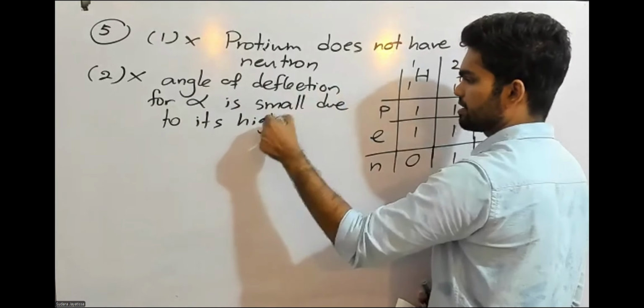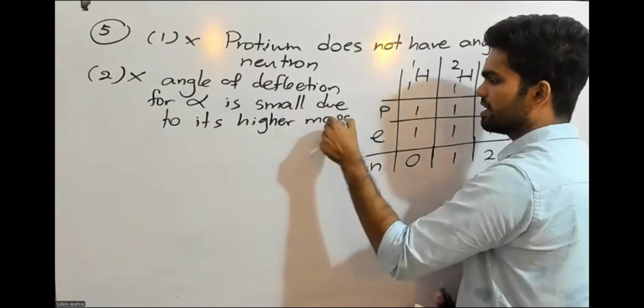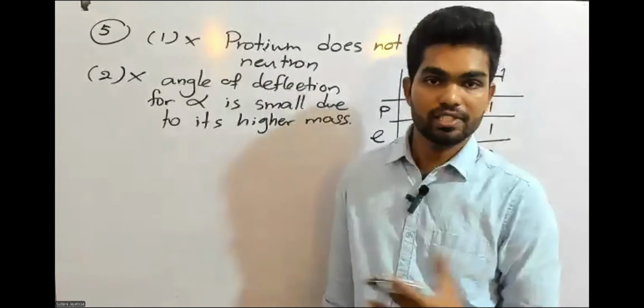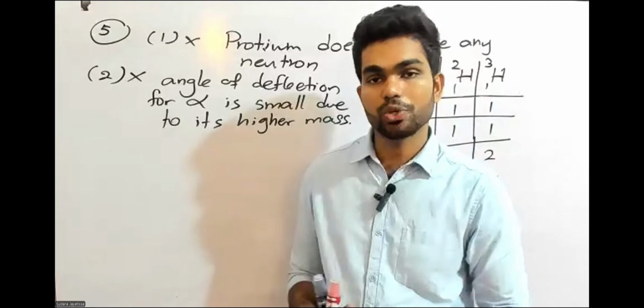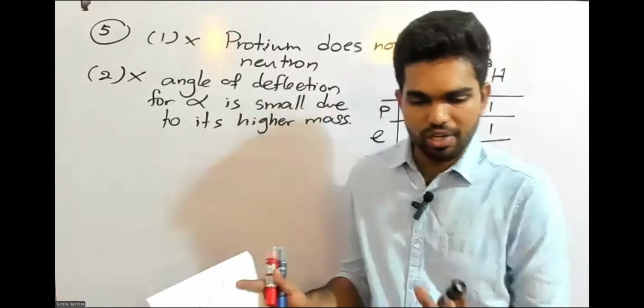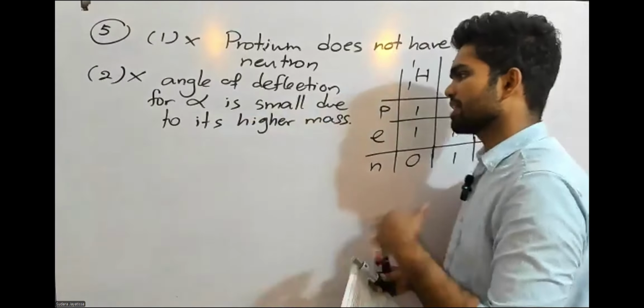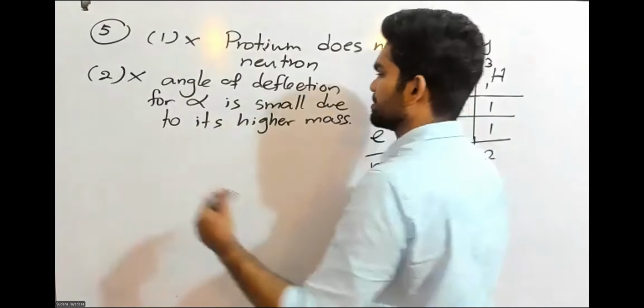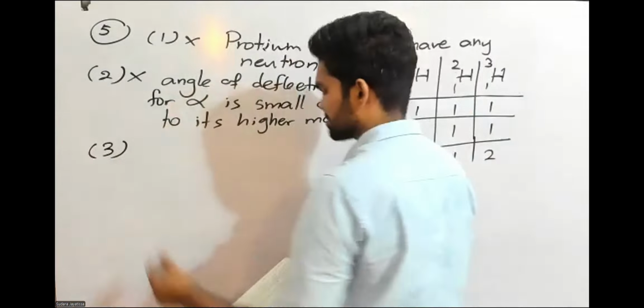On the other hand, our beta particle, which is equivalent to electrons, will show a large deflection angle. Remember our diagrams? You can turn your book and see the images. So the second one is wrong.